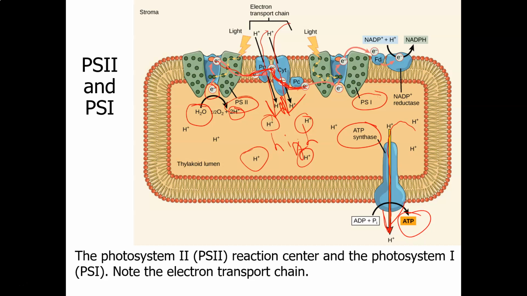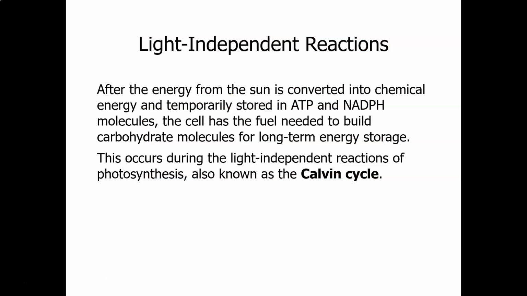And then that electron that leaves the electron transport system ends up in photosystem 1. And the energy from that electron is used to produce NADPH. So we have the production of ATP and NADPH during the light-dependent reactions.